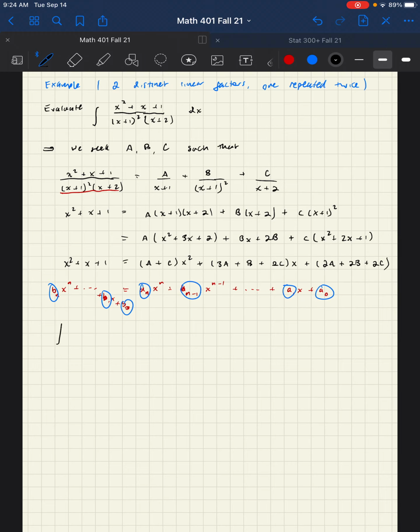Okay, so that's why we get one equation per power of x. So 1 must be equal to A plus C. 1 must be equal to 3A plus B plus 2C. 1 must be equal to 2A plus 2B plus 2C. Okay.